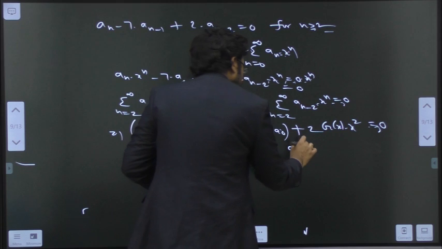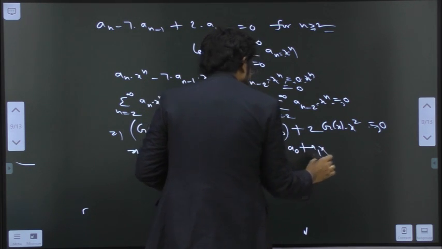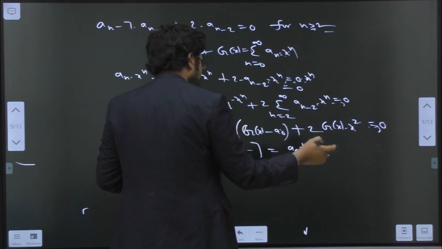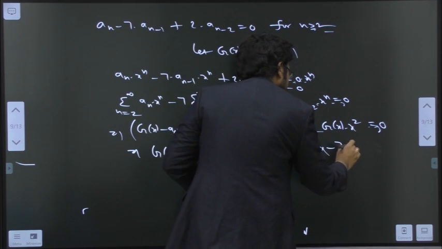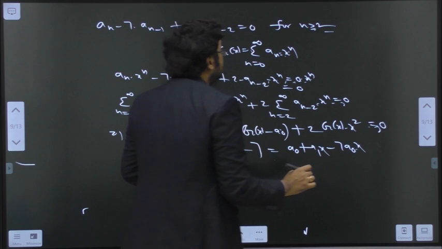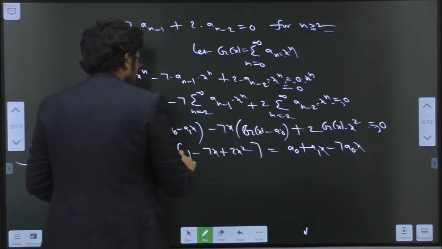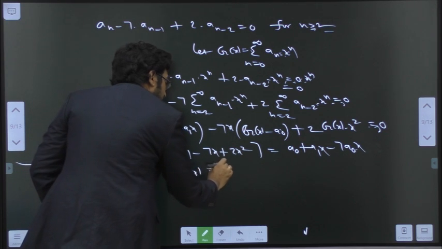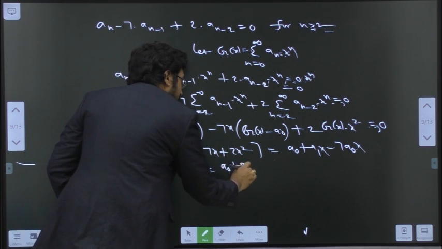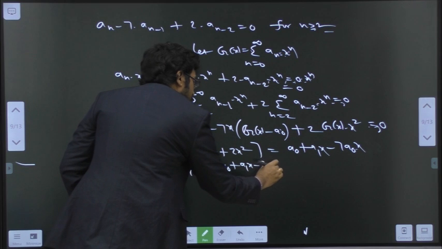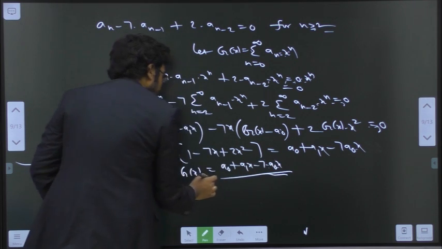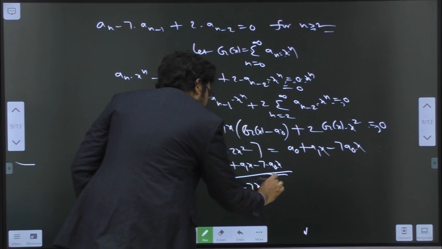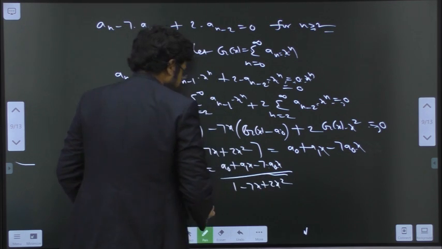It will go for plus a1x. Here plus 7 a naught x. If we go right side, it will become minus 7 a naught x. So now we will get g of x equal to a naught plus a1x minus 7 into a naught x by 1 minus 7x plus 2x square.